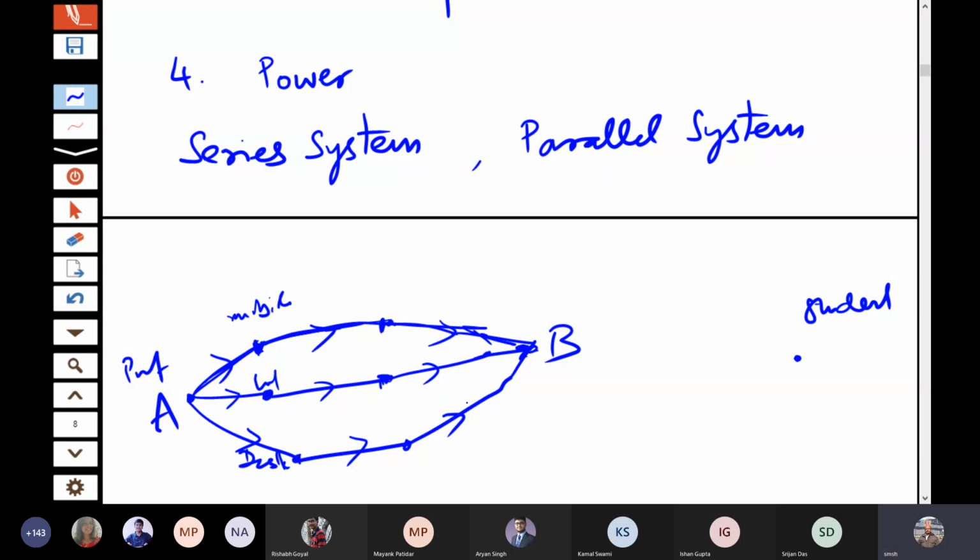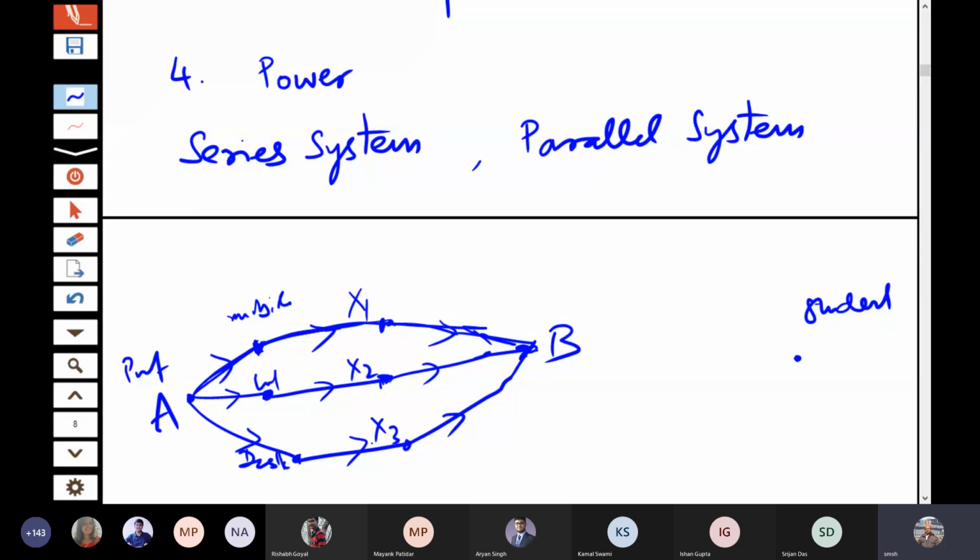Similarly, in the third one, these links A to B, A to B, A to B, these 3 different links that I have mentioned, let us call it X1, X2, X3, they are examples of series systems. And these 3 series systems are running in parallel. That means if any of them functions smoothly, then the link from A to B works.